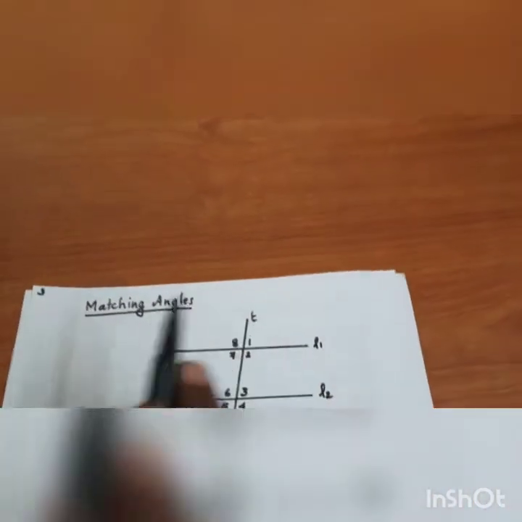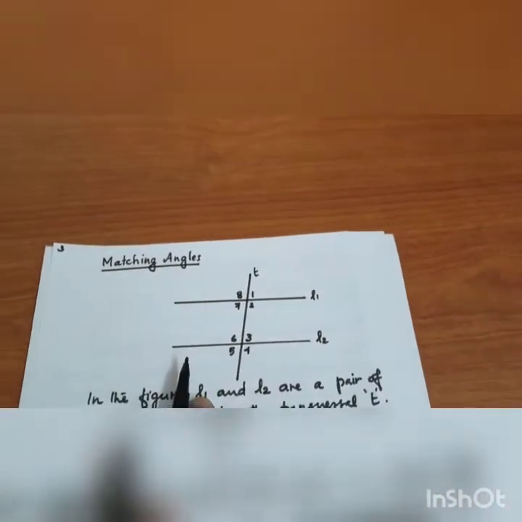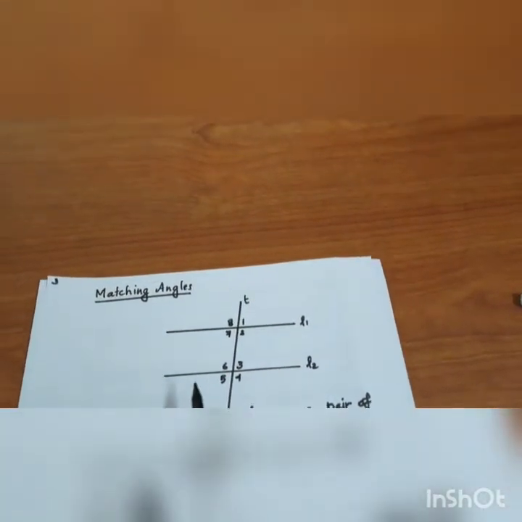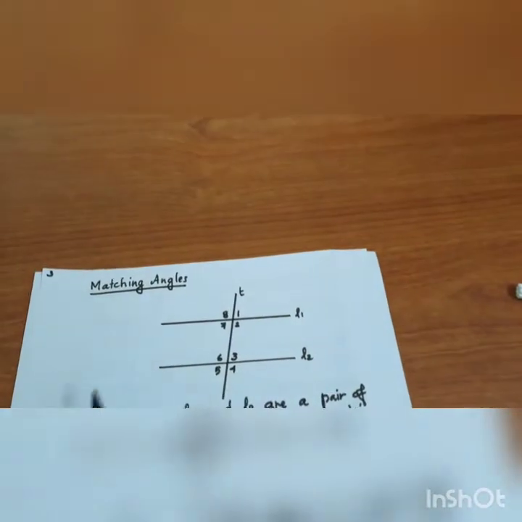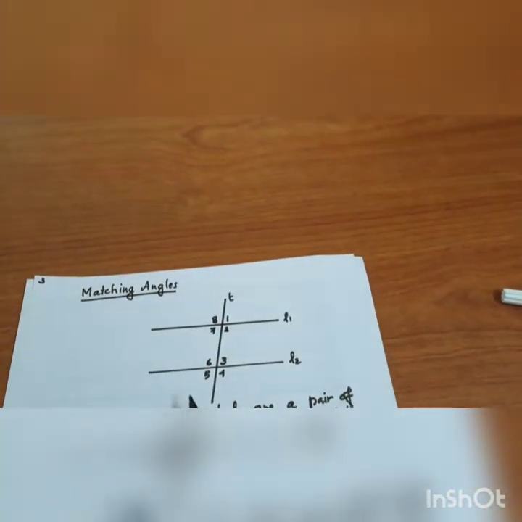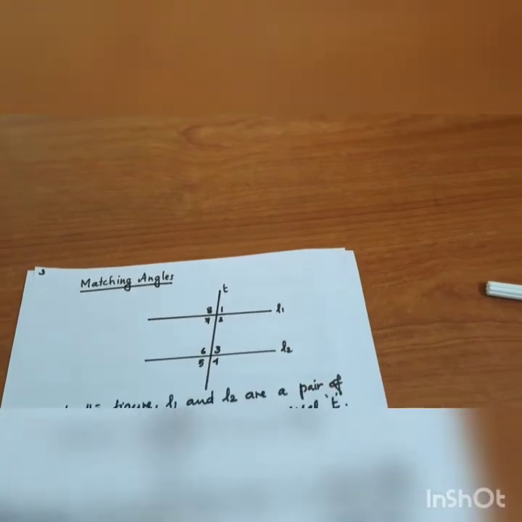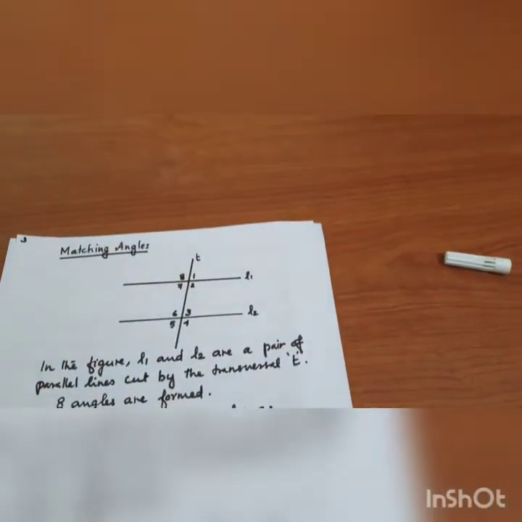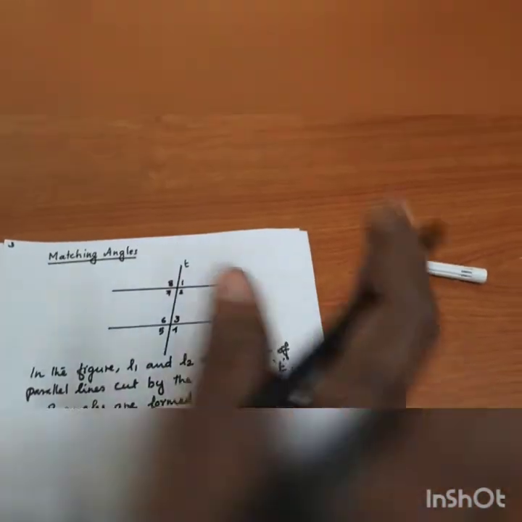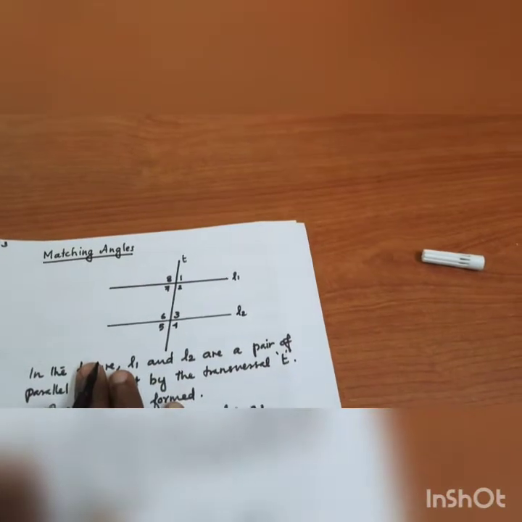Then on the left side of T, like the above, angles 6 and 8 are both on the upper level of L1, and angles 5 and 7 are on the bottom side of L2. That means on the right side of T there are 2 pairs and on the left side of T there are 2 pairs.